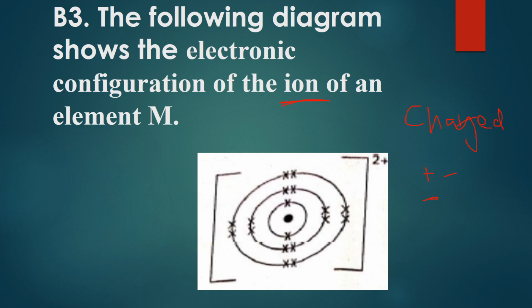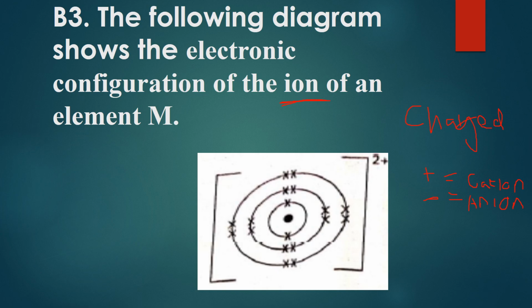Those which are positively charged, we call them cations. Those with negative charge, we call them anions.